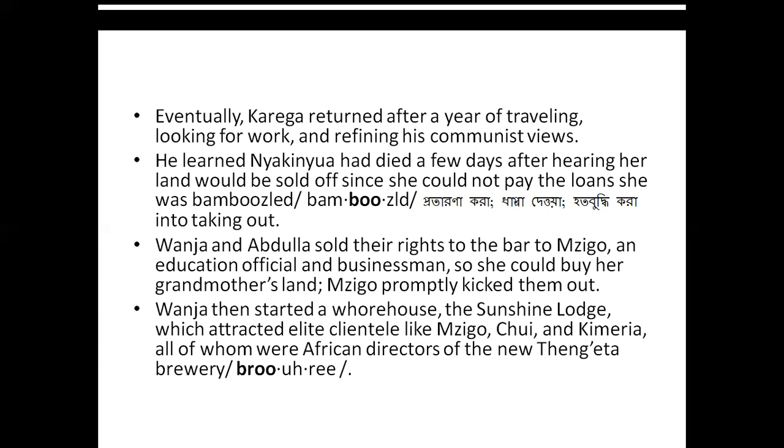And Wanja and Abdullah sold their rights to the bar to Mzigo. Wanja and Abdullah had been successful in their bar, but they also took some loan. And also the local MP, Mzigo, said that you are selling wine, but you don't have a license. You have to get your license.